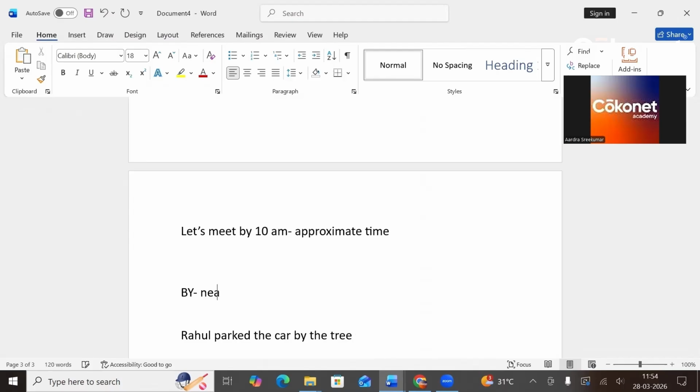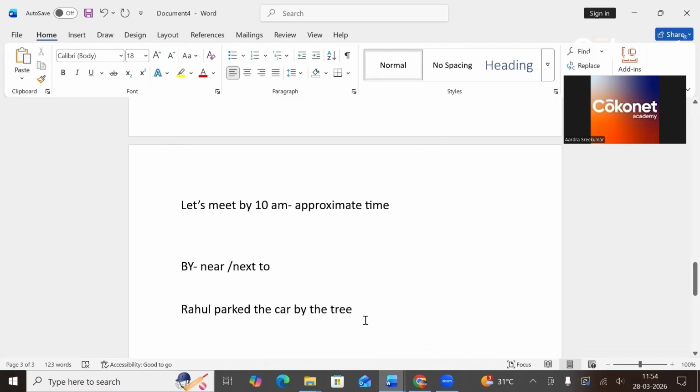So "by" can have a meaning of near or next to. So the first meaning we saw is approximate time, something not very fixed. And now it's near or next to.